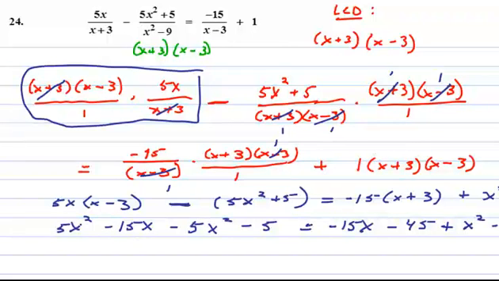So 5x squared minus 5x squared gives us nothing, and we're left with negative 15x minus 5. And I'm going to reorder the terms here, so we want x squared first. We have only one term involving x, and that's negative 15x. And negative 45 minus 9 is negative 54.